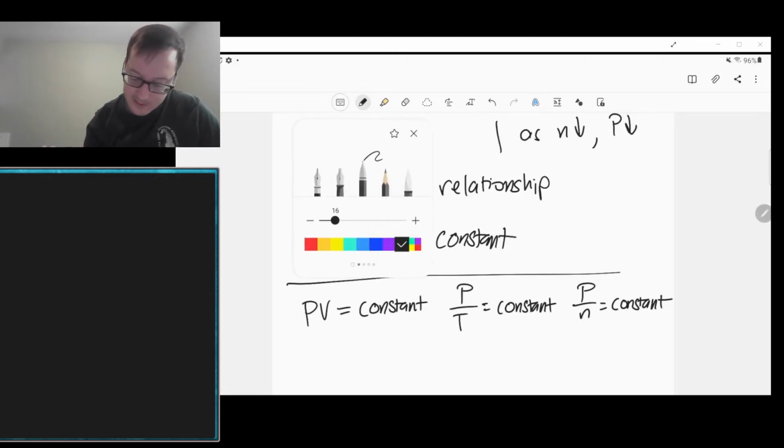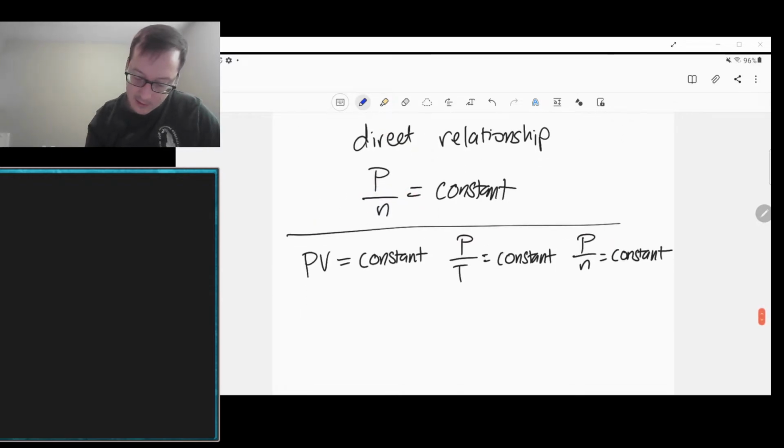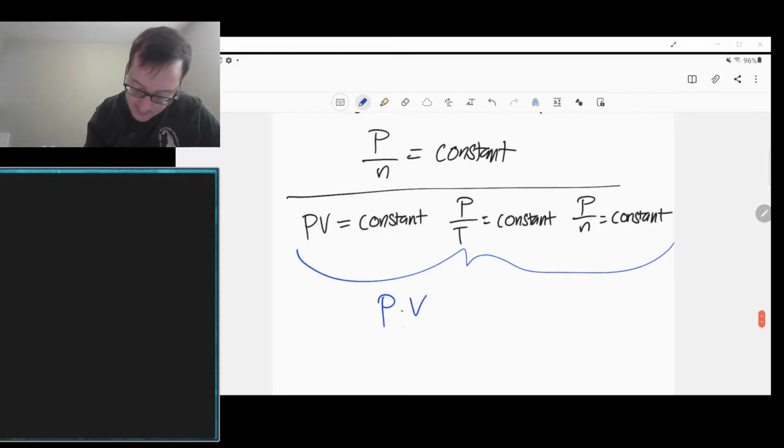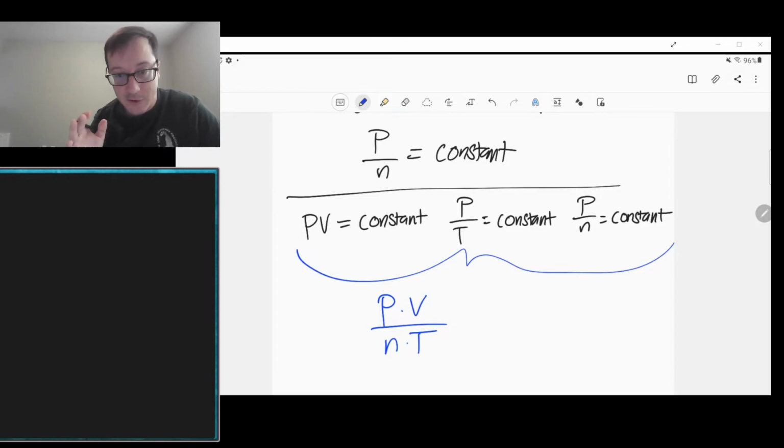But this means that we can clump it all together by saying then that P times V over N times T, so keeping all those relationships the same. The pressure times the volume, the pressure divided by the moles, the pressure divided by the temperature, will equal a constant.